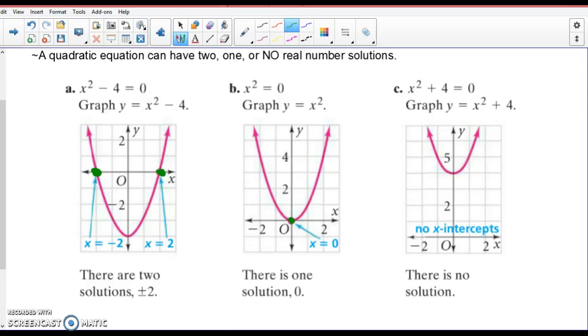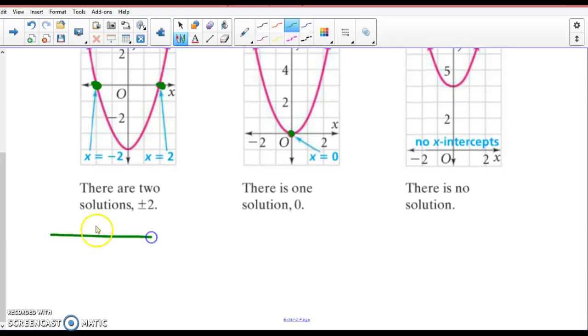That is the only solution, 0. This parabola is floating up here above the x-axis. It does not cross the x-axis. It has no solution.